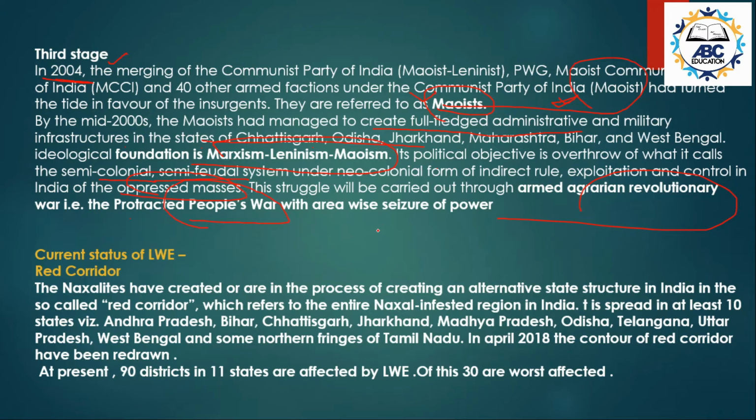Okay, so this is what their party is, this is what their ideology is, and this is what their strategy is. That through armed agrarian revolutions they will overthrow the exploitative government which is oppressing the masses of the country. So this is the third and the final stage of the expansion of Communist Party of India.